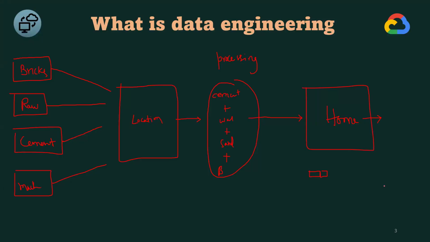Would you add the colors or not? I will also add some colors, some tiles, all of those things so that my home looks good. So finally, you have constructed a home. This looks good, and this is what we call a home, which is our output here.